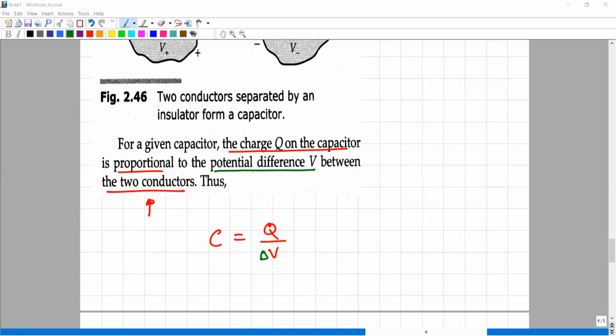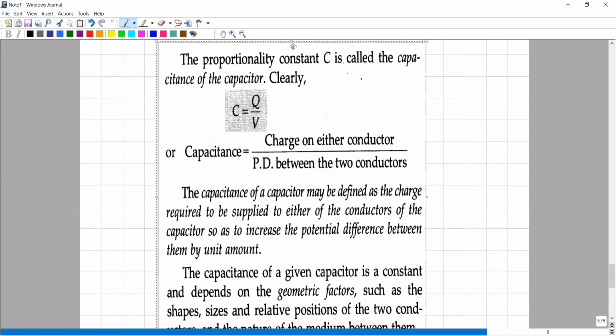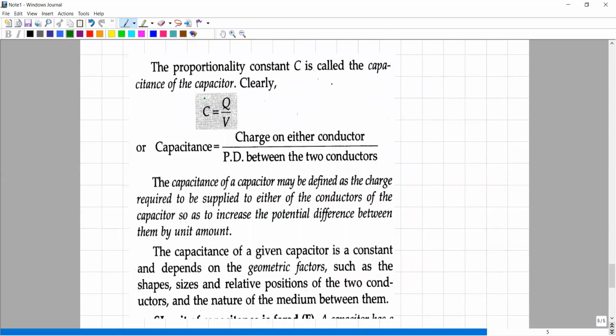So finally, your capacitance value will be C is equal to Q by V, where V is the potential difference between the two conductors. This is very important because you will get a lot of JEE Mains level questions where you have to calculate the capacitance of a system of conductors, where you have to calculate the potential difference between the conductors. We'll be doing a numerical soon.